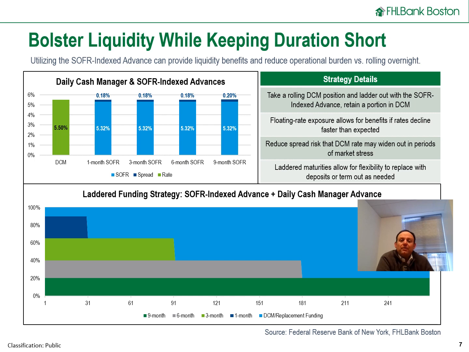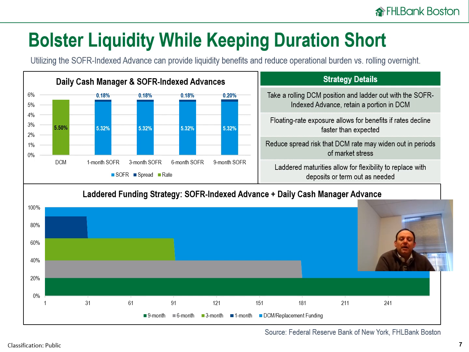So we also have a floating rate advance called the SOFR Index Advance that provides many of those same repricing benefits, but affords you some of the benefit of the longer-term liquidity, and we'll get into the spread risk benefits of the floating rate advances as well.